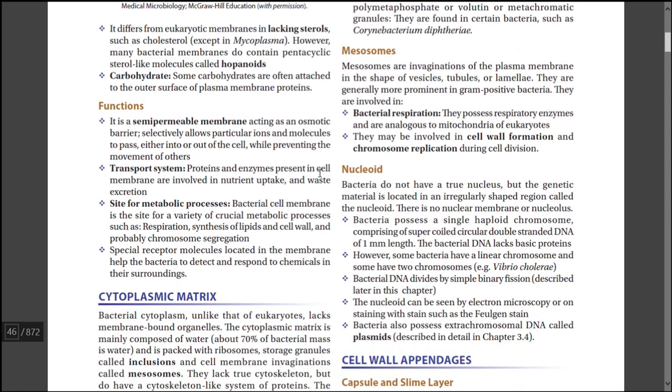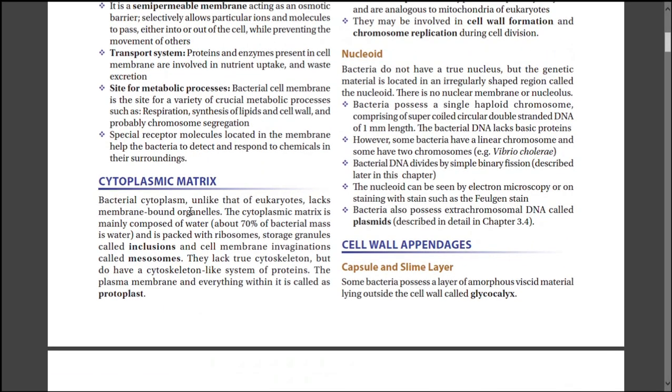Proteins and enzymes are present in the cell. The cytoplasmic matrix is usually packed with ribosomes, storage granules called inclusions, and invaginations of the cell membrane called mesosomes. Though they lack a true cytoskeleton, they still have a cytoskeleton-like system of proteins, and they have a protoplast.